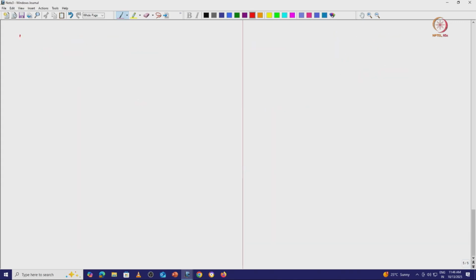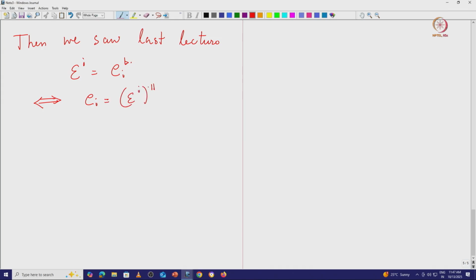Then we saw at the end of last lecture that epsilon i is precisely the flat operator applied to Ei, or equivalently, Ei is epsilon i with the sharp operator applied to it, because flat and sharp are inverses of each other, right.